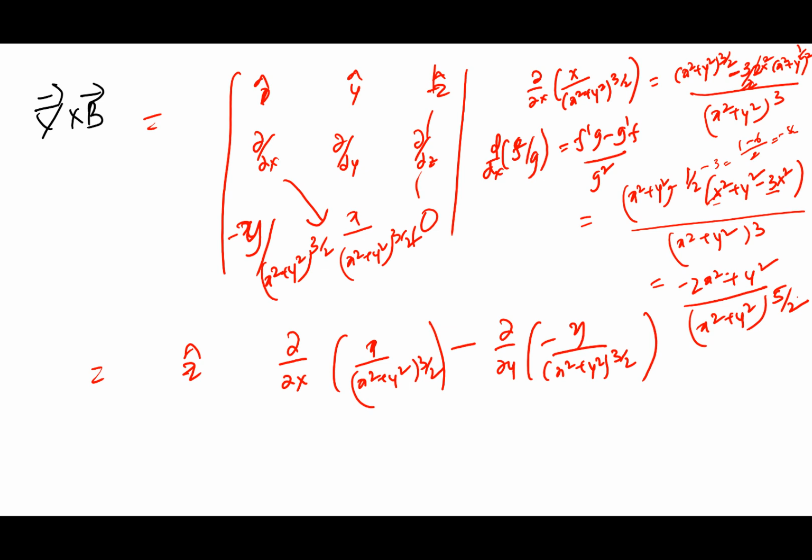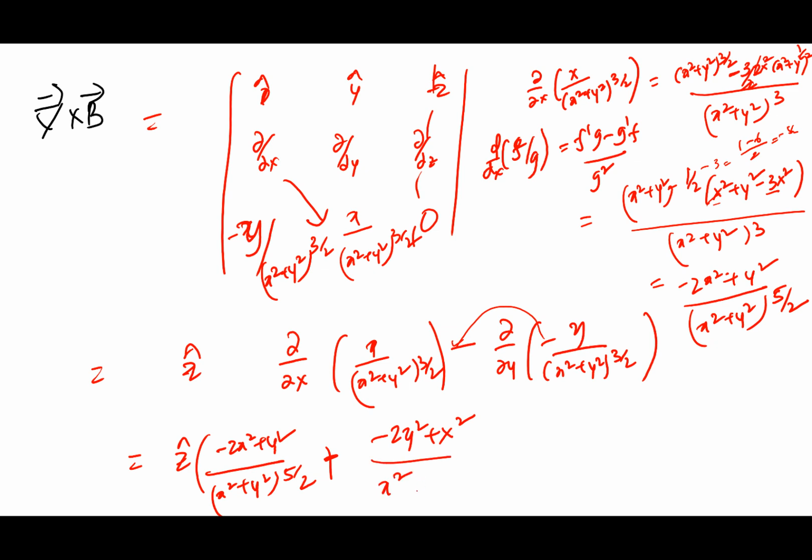So then I can do something similar with y, but the sign has to change. So I would get z minus 2x squared plus y squared divided by x squared plus y squared to the power 5 by 2 minus, right? I can put this minus sign here, so I get a plus, right? And I do dou by dou y, so then I would get minus 2y squared plus x squared divided by x squared plus y squared to the power 5 by 2 along the direction z.